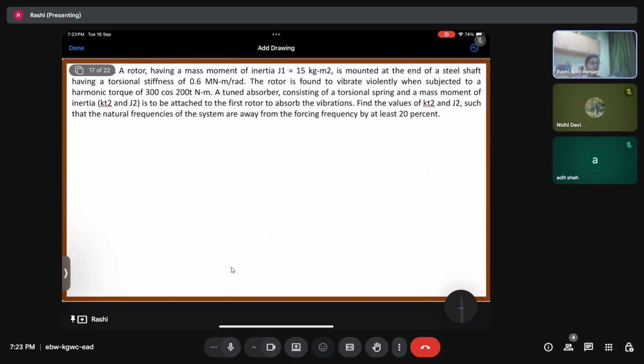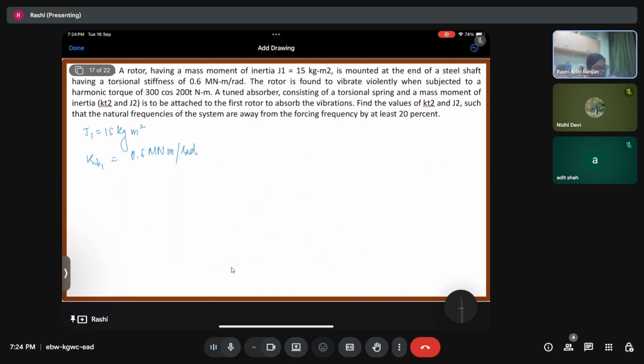Okay, I'll try. So a rotor having a mass moment of inertia J1 as 15 kg meter square is mounted at the end of a steel shaft having a torsional stiffness of 0.6 meganewton meter per radian. So we have K torsional 1 as 0.6 meganewton meter per radian.